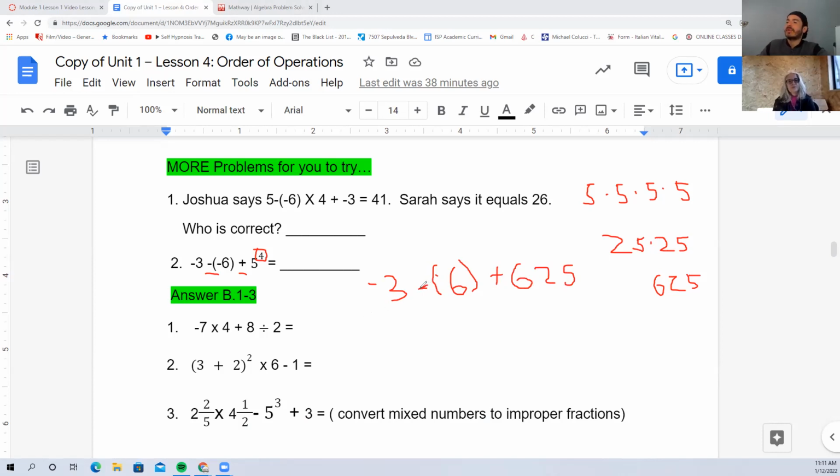We know that when we're dealing with addition and subtraction, they're on the same step in the order of operations, so we're just going to work left to right. So -3 minus a -6, we're going to add the opposite. That's going to become a +6. I'm going to end up with 3 plus 625, and my answer is going to be 628.